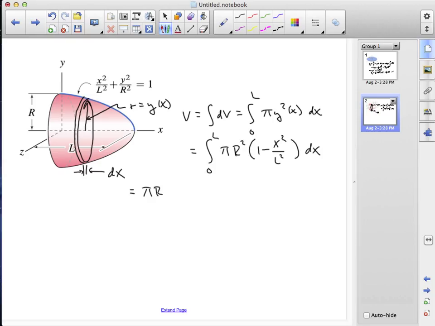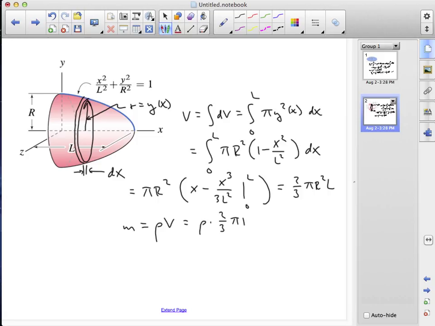We can pull the pi r squared out, and we're left with the resulting integral, which gives us x minus x cubed over 3L squared, evaluated between these limits, and which ultimately gives us 2/3 L, so this is 2/3 pi r squared L, and the mass of our object can then be written as rho times 2/3 pi r squared L.